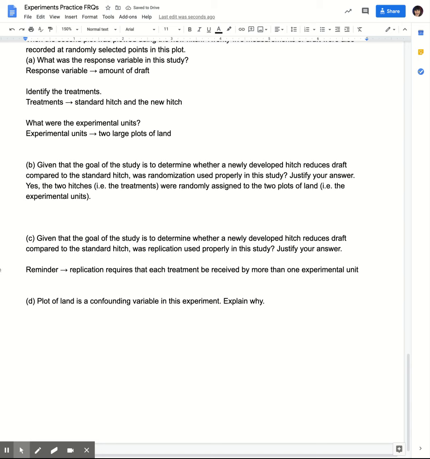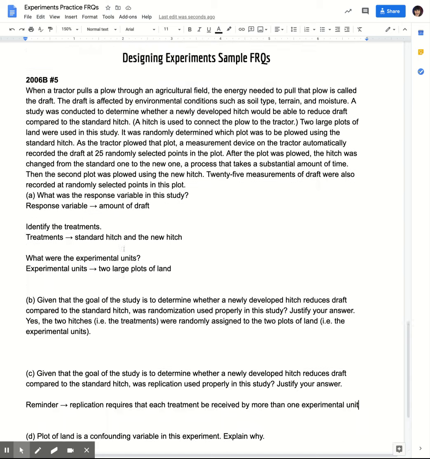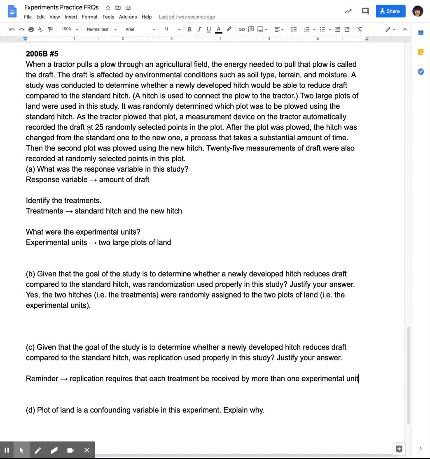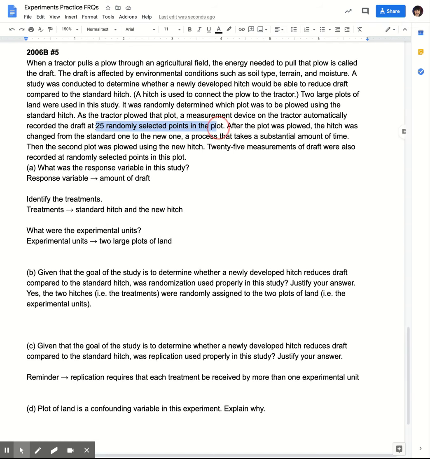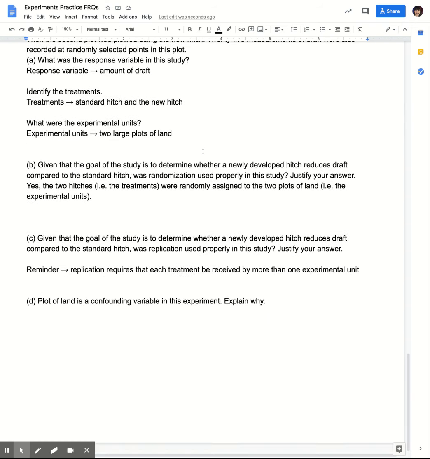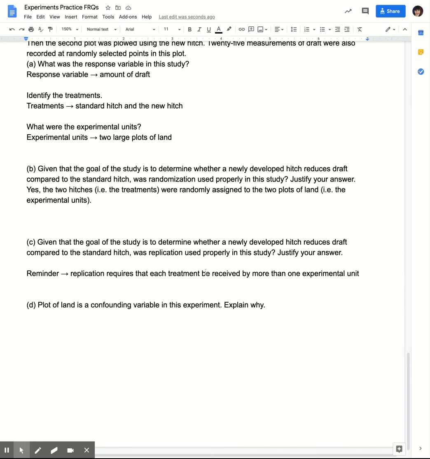Okay, so even though they gathered data points, for example, at 25 different points in each plot, there's no replication here, right? It doesn't exist in this study because replication requires that each treatment, so that would be the different types of hitches, be received by more than one experimental unit.